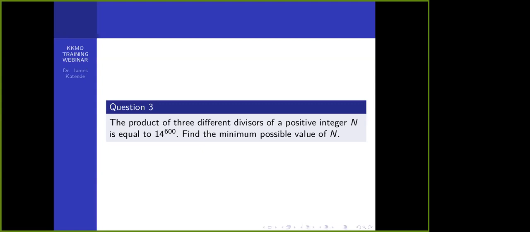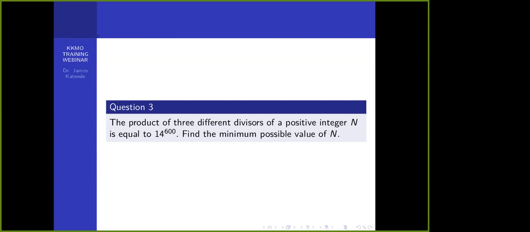Yes. Hello? Yes. So the integer n has 3 different divisors. I have them as A, B, and C. Their product ABC is 14 to the power 600.